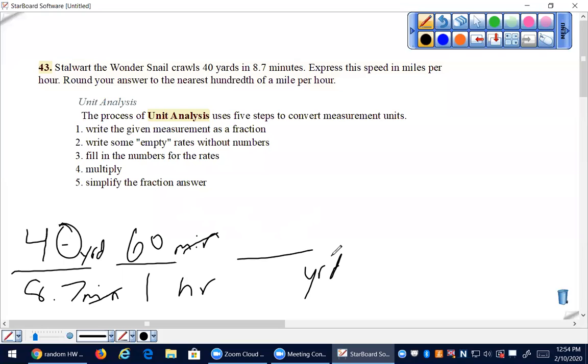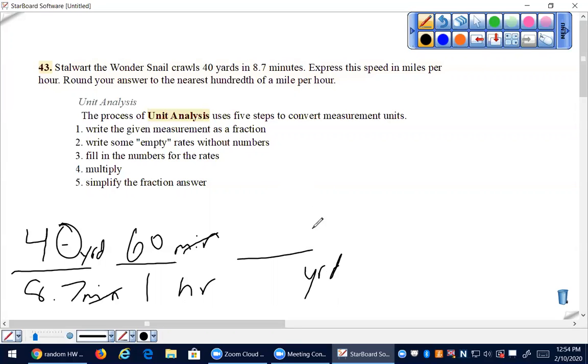Do you happen to know how many yards are in a mile? Some people know that, some people don't. I'm trying to remember. If not, make yards into feet. 1,760. 1,760. There we go. So this has to be, what was that, a mile?